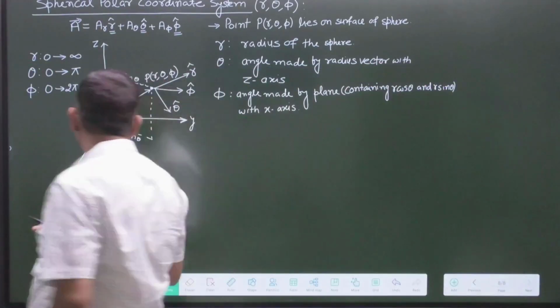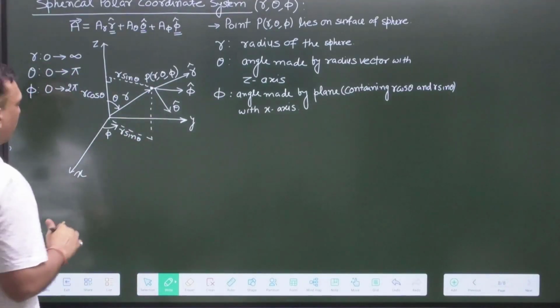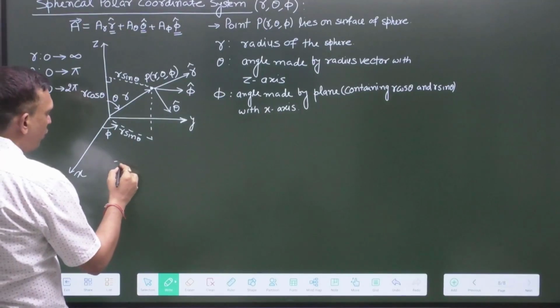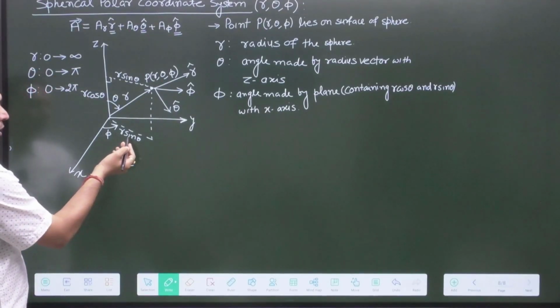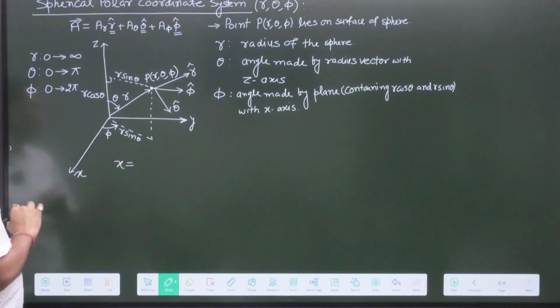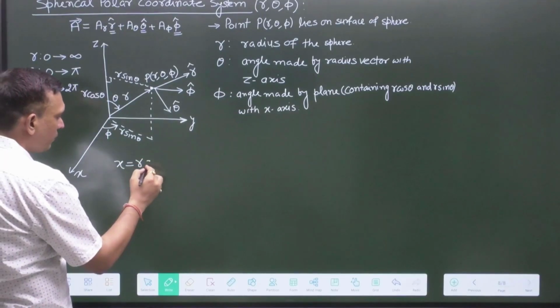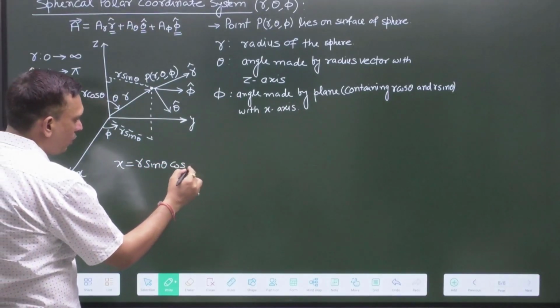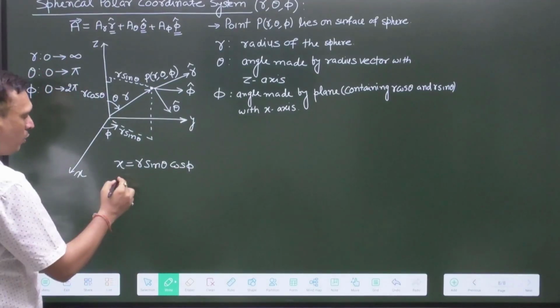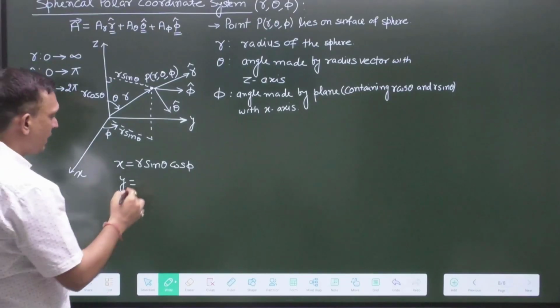Now we have to see how to relate r theta phi with x, y, z. So how will you write x? You should write the component of r sin theta along the x axis. So that component will be cos phi. This is r sin theta cos phi. What about y? In the perpendicular direction, the projection is sin phi.